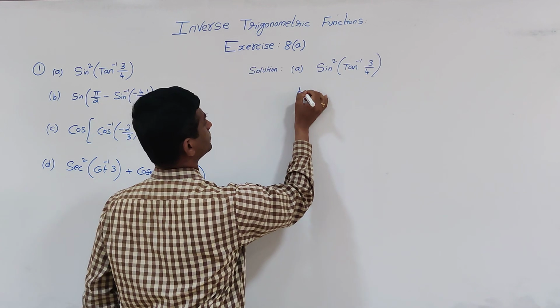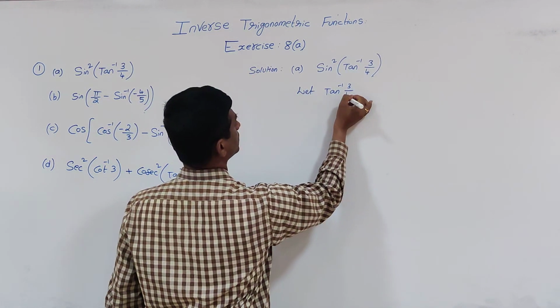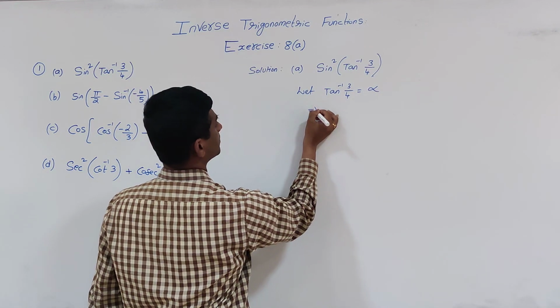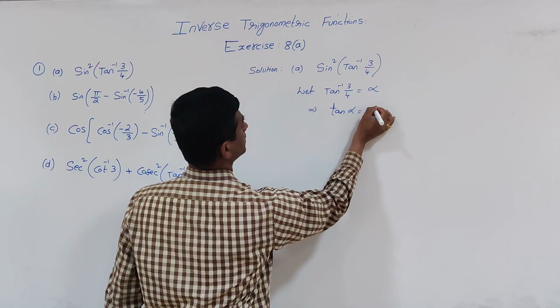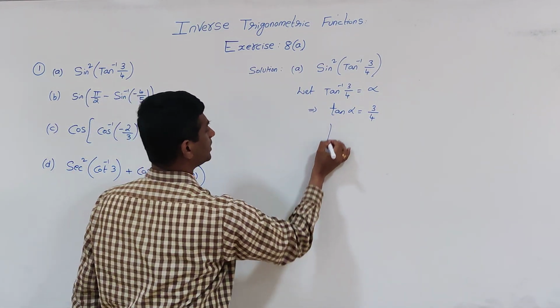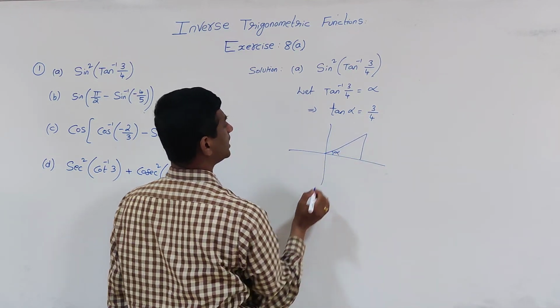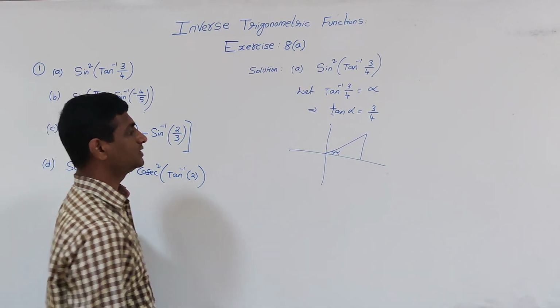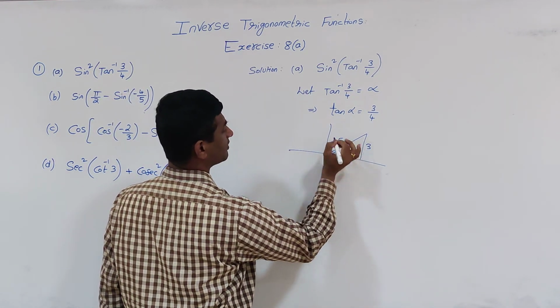So let tan inverse of 3 by 4 be alpha, implies tan alpha will be 3 by 4. Now go for the right angle triangle for alpha. Tan alpha is opposite side by adjacent side. So if it is 3, adjacent side is 4 and the hypotenuse will be 5.